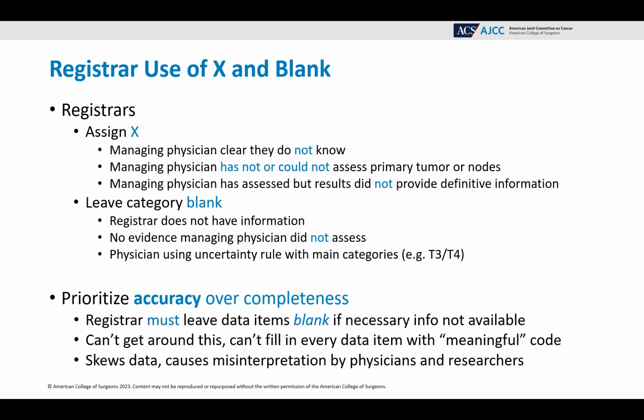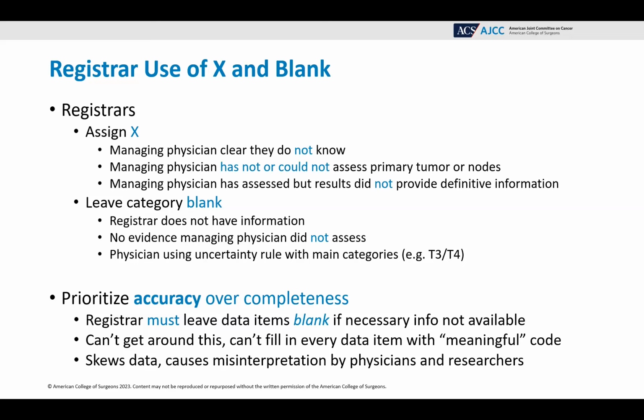Now, the registrar use of X and blank. For the registrars, assign X when it is clear that the managing physician does not know, they don't have the information. When the managing physician has not or could not assess the primary tumor or nodes, or the managing physician has assessed, but the results did not provide definitive information.